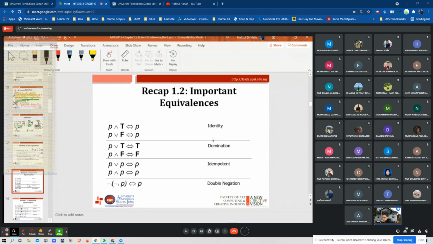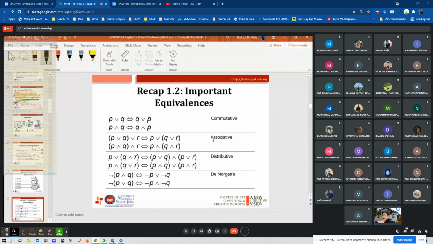This one is just a reminder, the important equivalences. Recap, we have learned in chapter 1.2: identity, domination, idempotent, and double negation. This one I will not explain anymore because I explained it in chapter 1.2 two weeks ago.